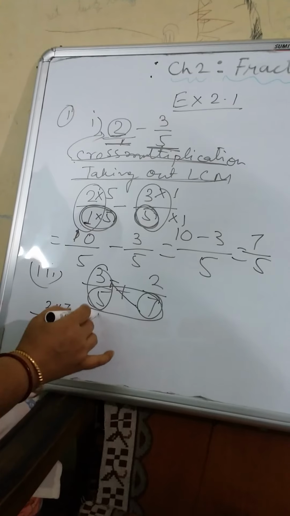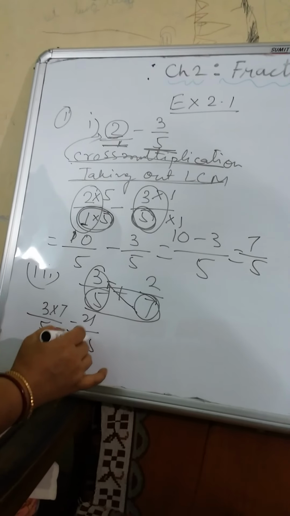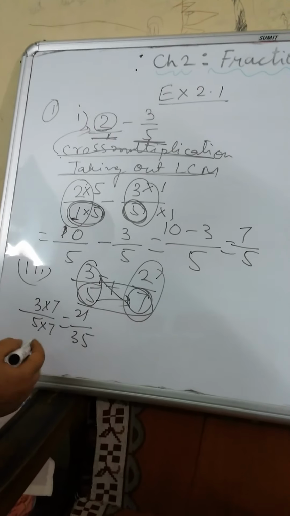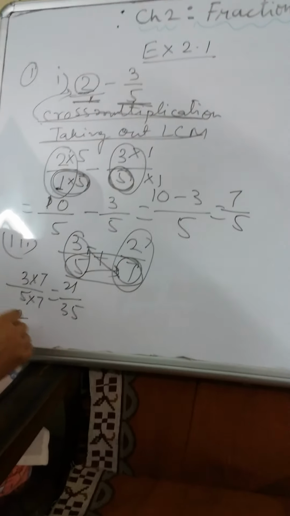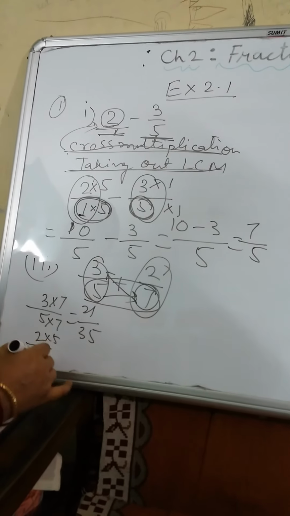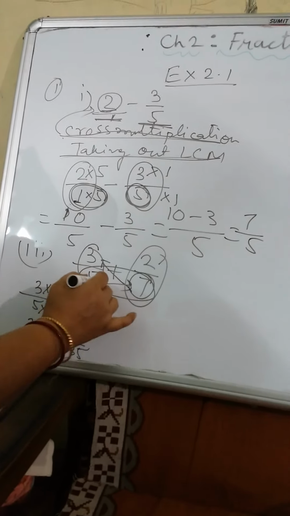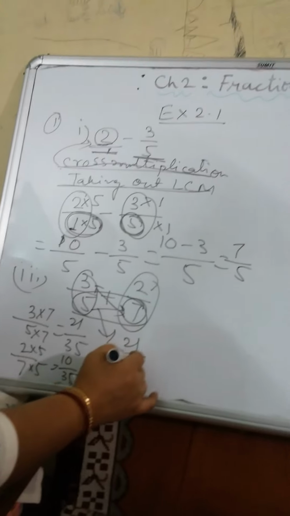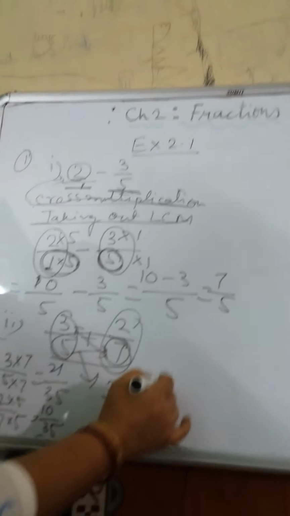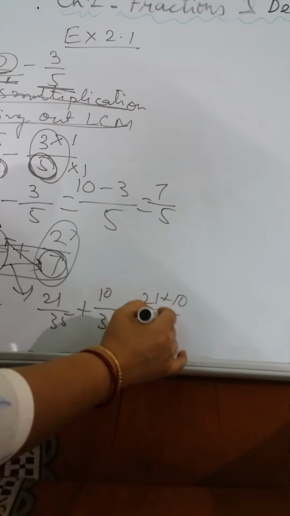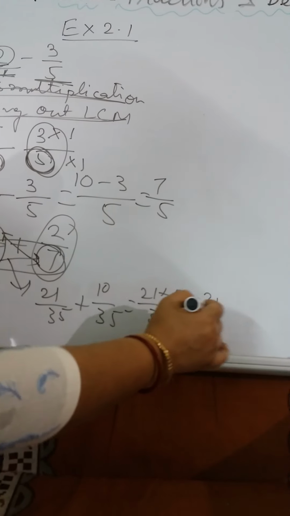So it becomes 21 by 35, and this should be multiplied by 5. So 2 by 7, 2 into 5, so it will become 10 by 35. So this becomes 21 by 35 plus 10 by 35. 21 plus 10 by 35. It is 31 by 35.